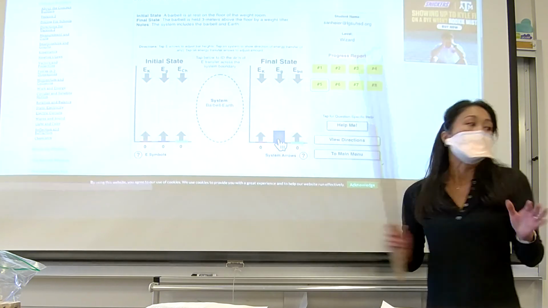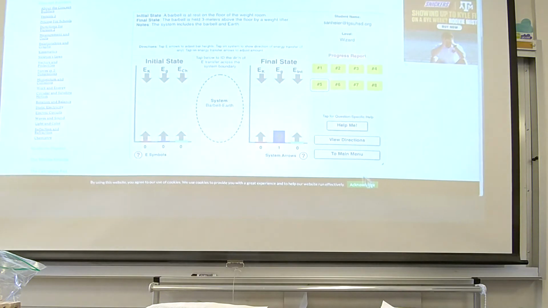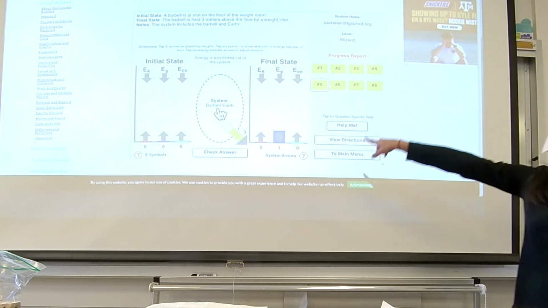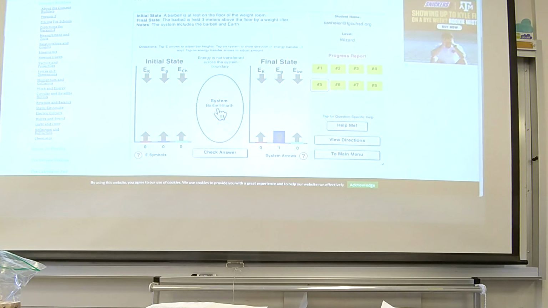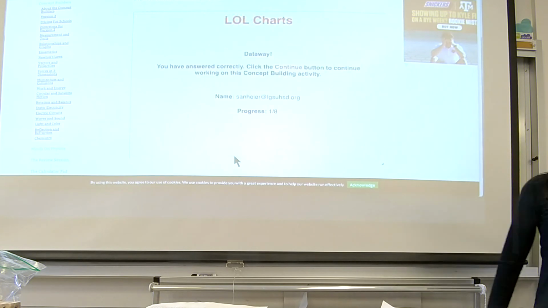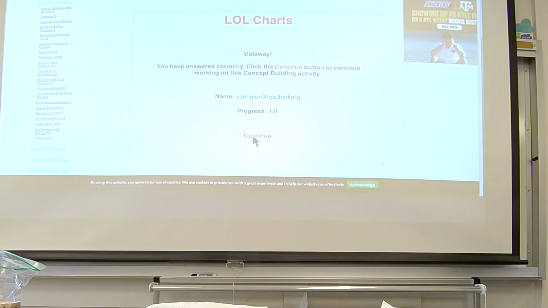No. So if the weightlifter is not part of the system, you click in the middle of this box, you're going to see energy in. And if you click it again, you're going to see energy out. Energy in is your chemical energy. I want it to be balanced, so I'm going to say 1 energy in from the weightlifter, and it's equal to 1 gravitational. So that's your answer.